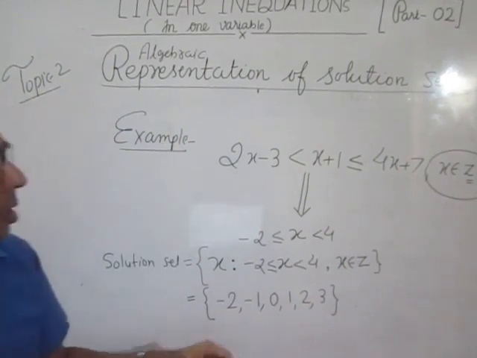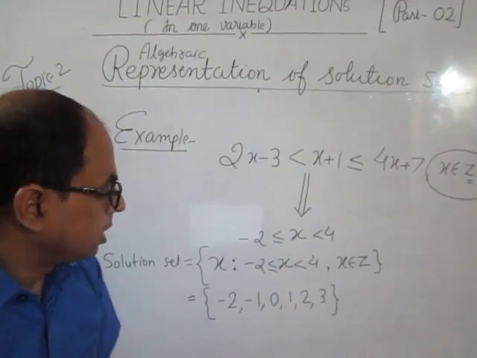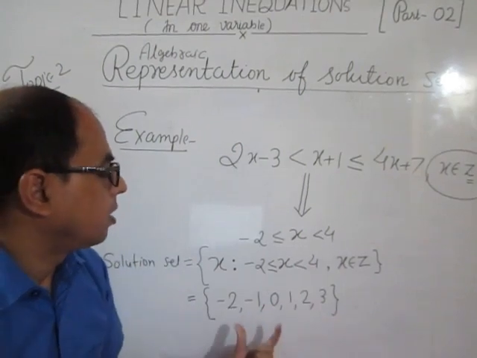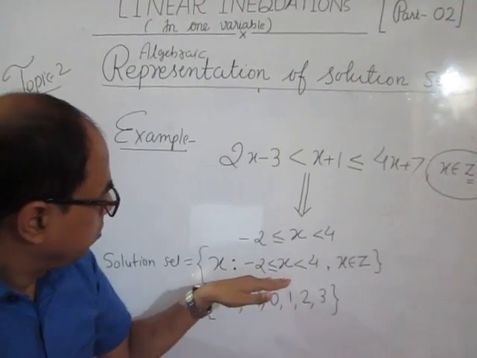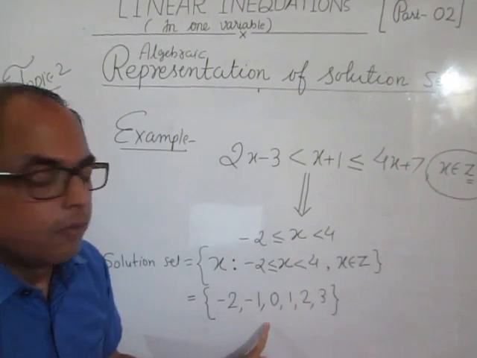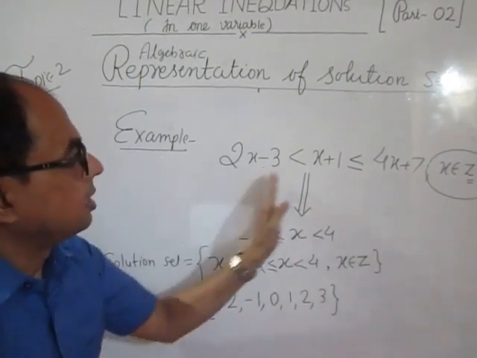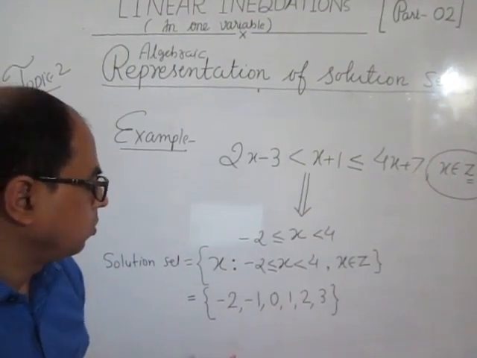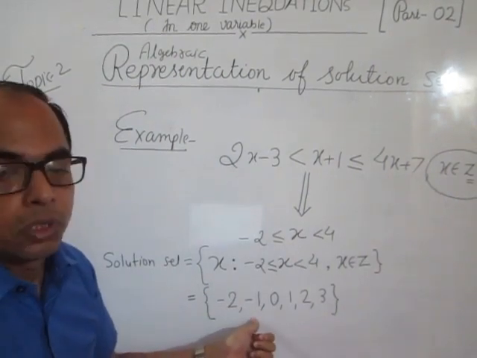Now, if you have two choices to write the solution set, set builder form or roster form, then always prefer roster form, because as compared to set builder form, this form is convenient, because directly we can see which numbers will satisfy this equation. So again I'm repeating, if you have the option to write the solution set, then always prefer roster form.